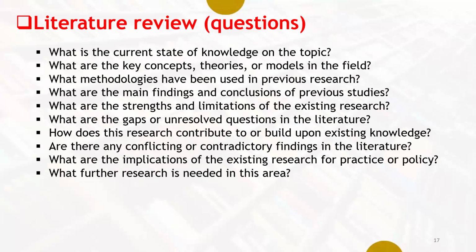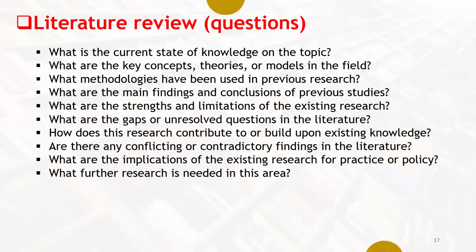What are the key concepts, theories, or models in the field? What methodologies have been used in previous research? What are the main findings and conclusions of previous studies? What are the strengths and limitations of the existing research? What are the gaps or unresolved questions in the literature?